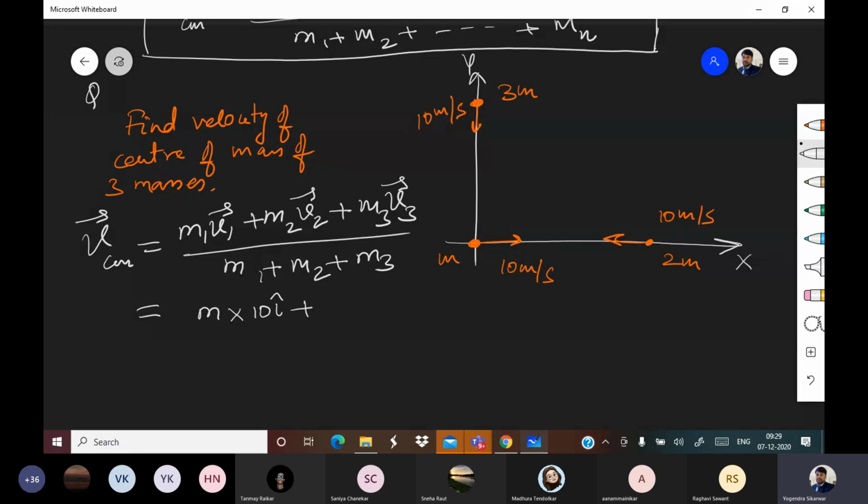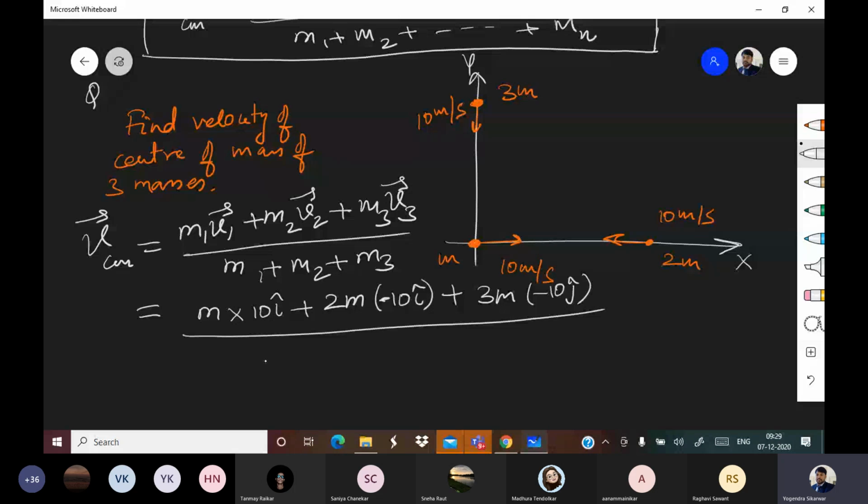M2 is 2M into minus 10 I cap, because its direction is opposite. Plus M3, which is 3M, into minus 10 J cap because it is downward, upon M plus 2M plus 3M.